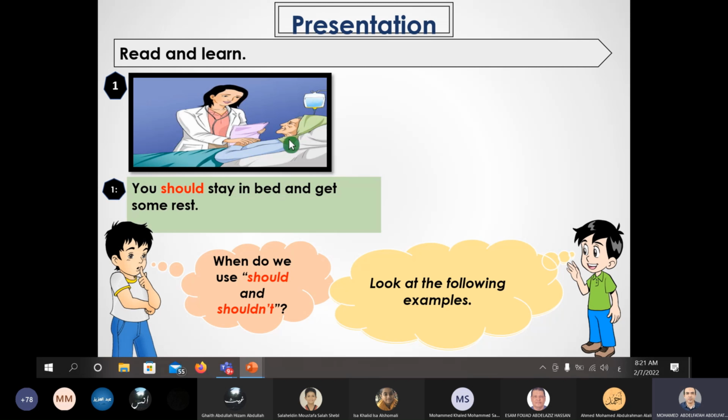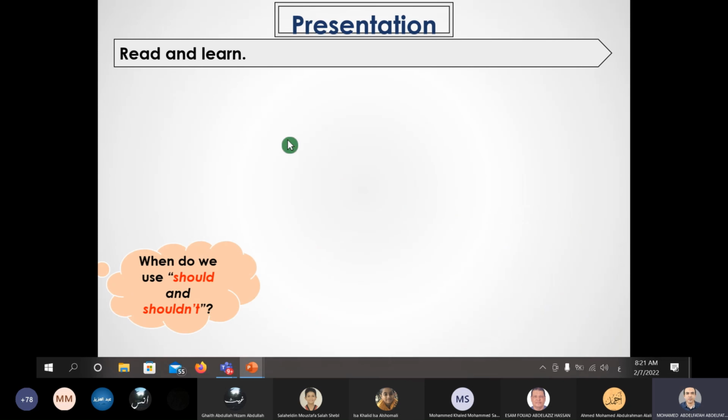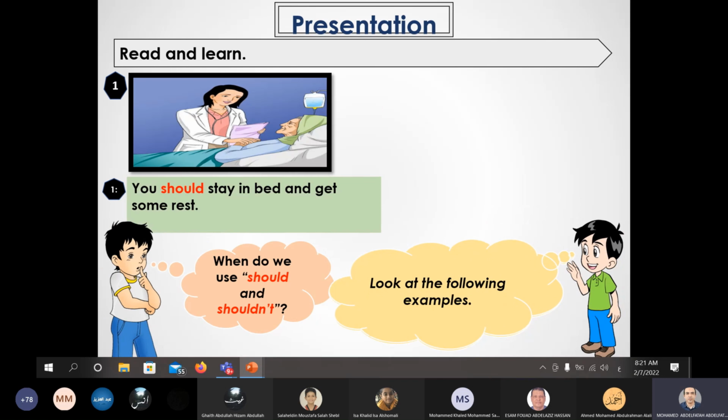So look at the following example. We have got an old lady. She's in bed at hospital because she is ill. She is what? She is ill. And we give her advice. The doctor says to her that you should stay in bed and get some rest.